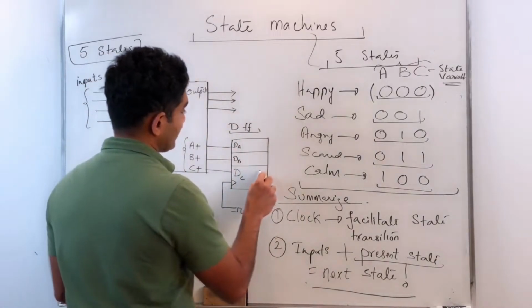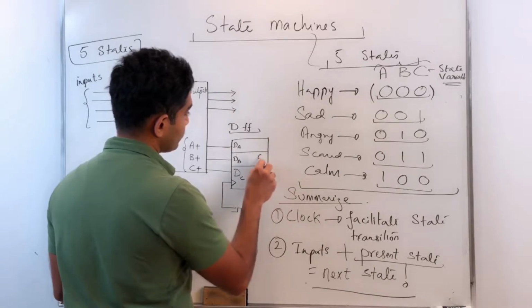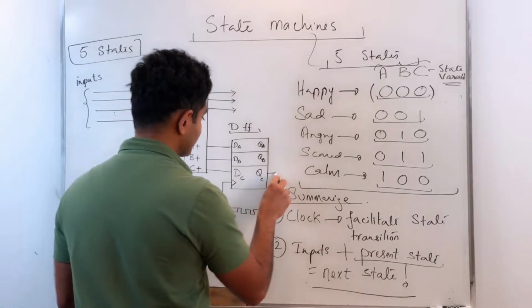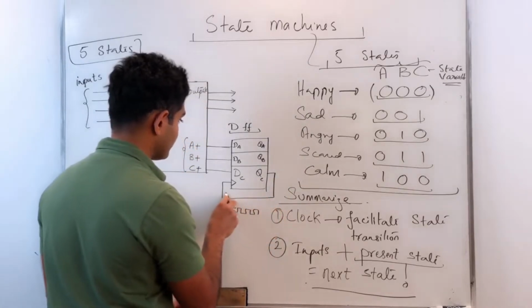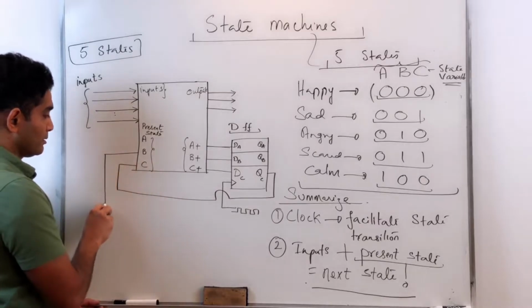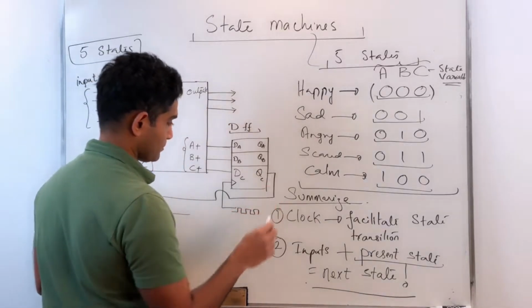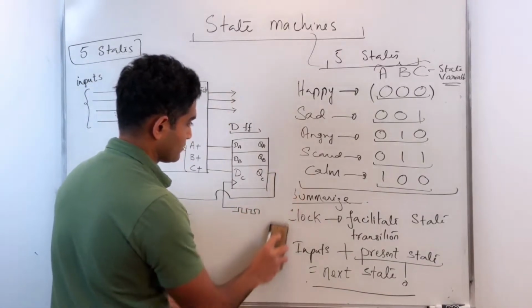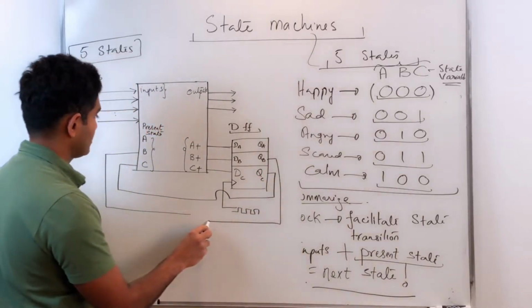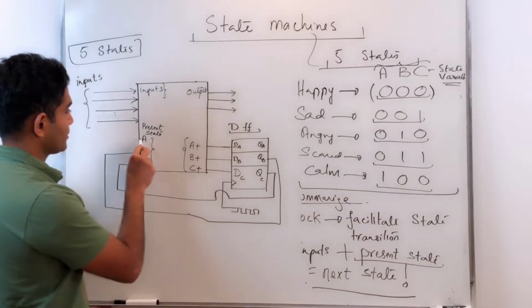That's my QC, QB, QA. So now once I interconnect this in this manner, QC going to C, QB going to B, and QA going to A.